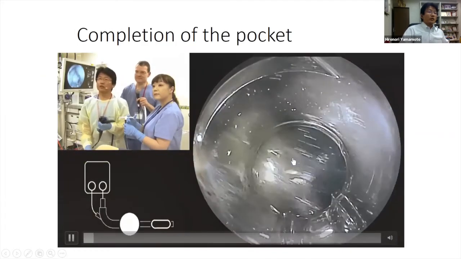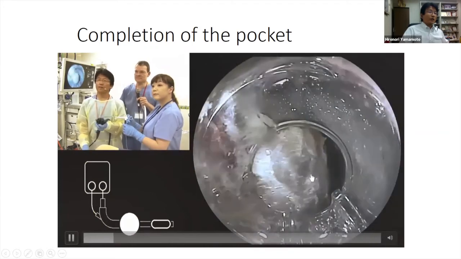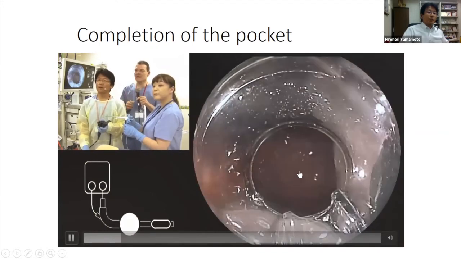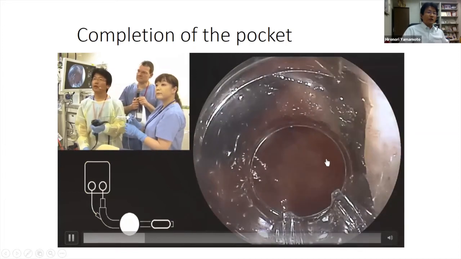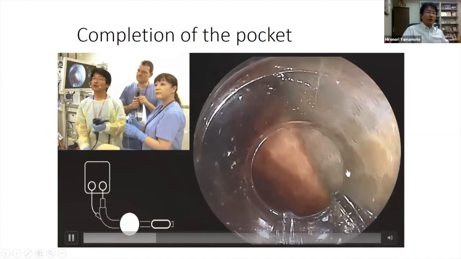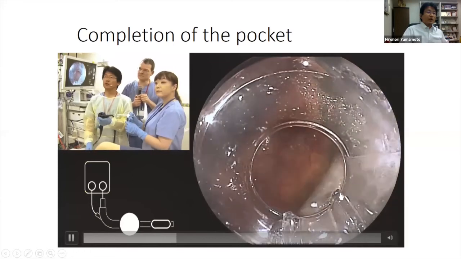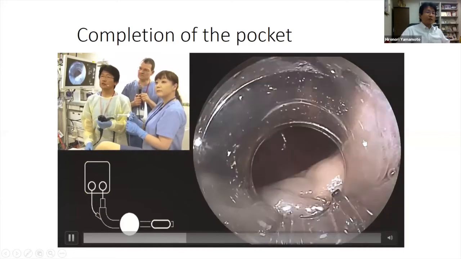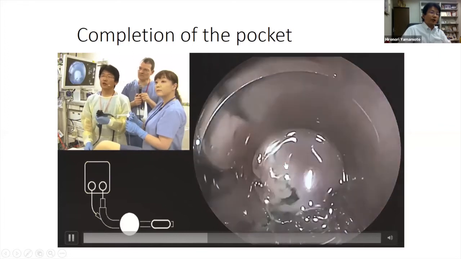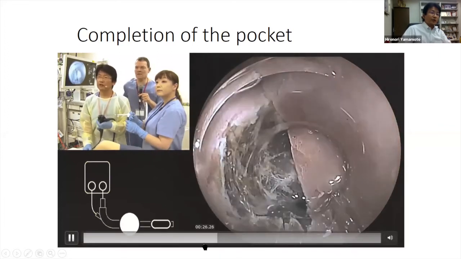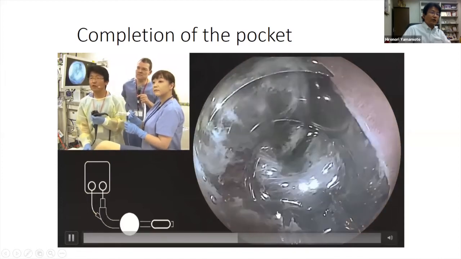And this is the completion of the pocket. Compare the depth of the pocket inside and match to the length of the lesion outside. In this way, I could tell that the pocket was deep enough and compare the width is wide enough.